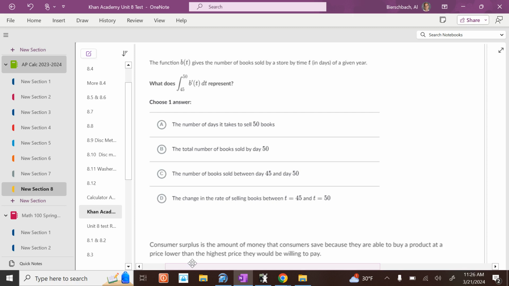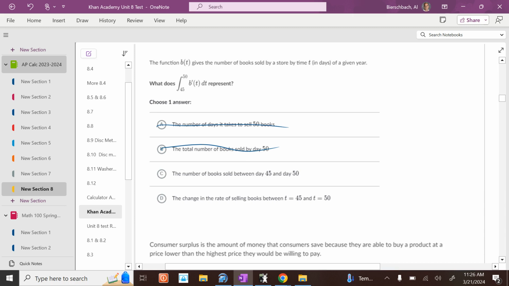So that would be the rate of change of selling books, because it's the derivative. Because it's definitely not that one. Definitely not that one. So it's either C or D.